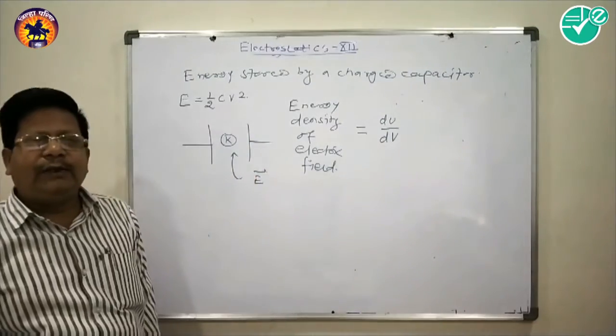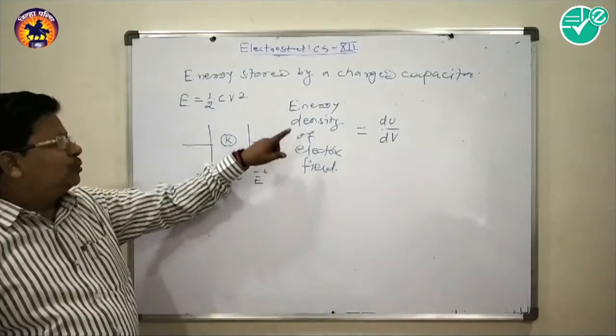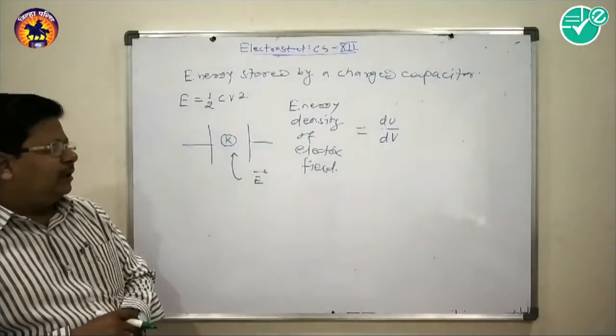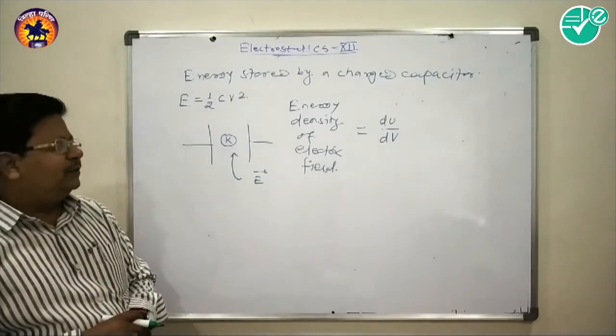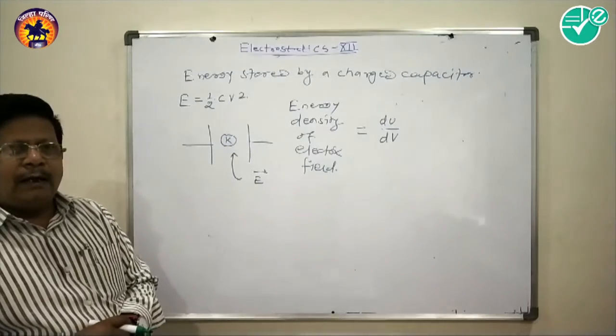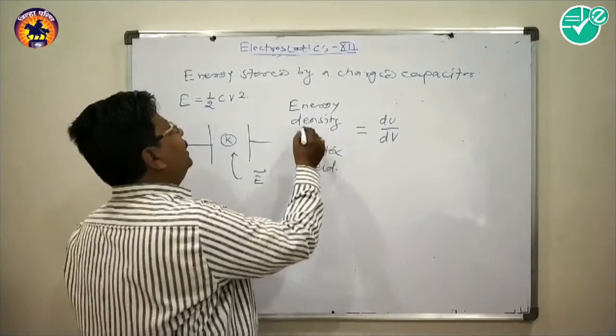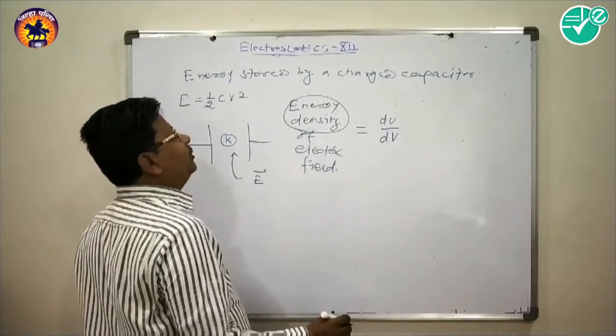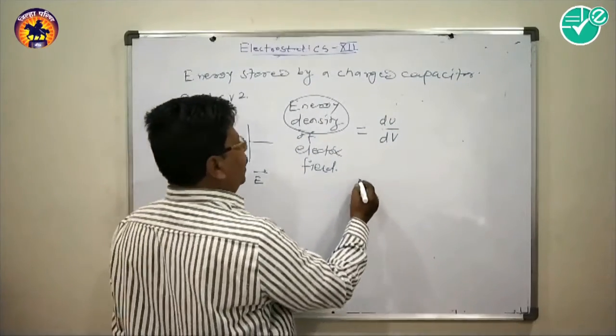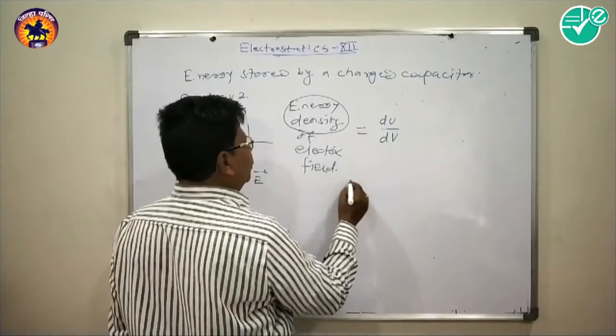So du by dv is the energy stored in the electric field, that means energy density, and therefore the energy density of the medium, which is equal to du by dv, say which is equal to U.